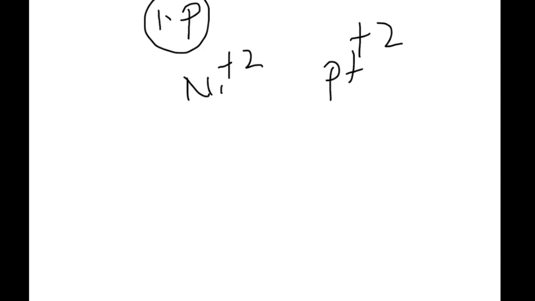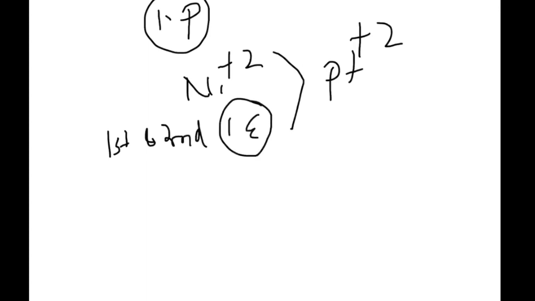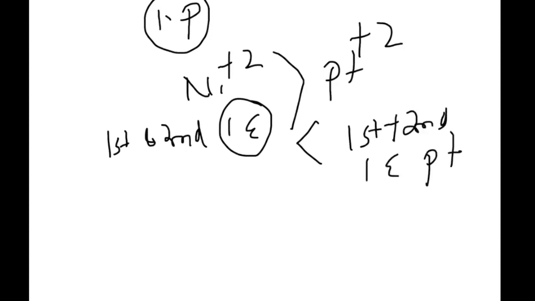If we compare them, nickel 2 plus is thermally more stable than platinum 2 plus, because the first and second ionization energy of nickel is less than the first and second ionization energy of platinum.